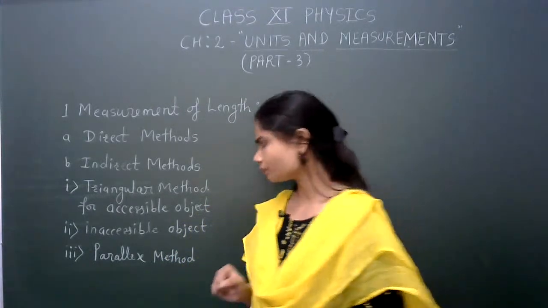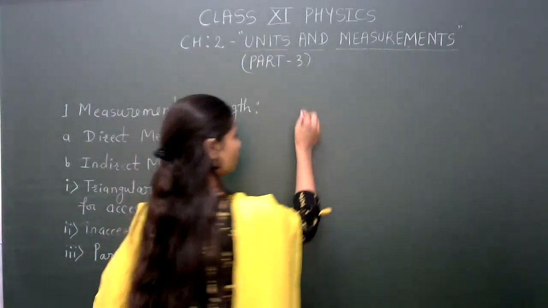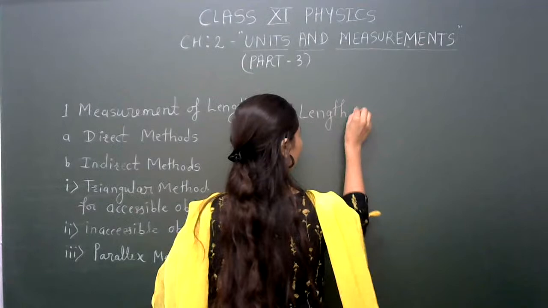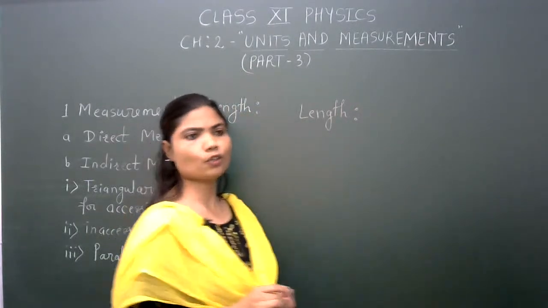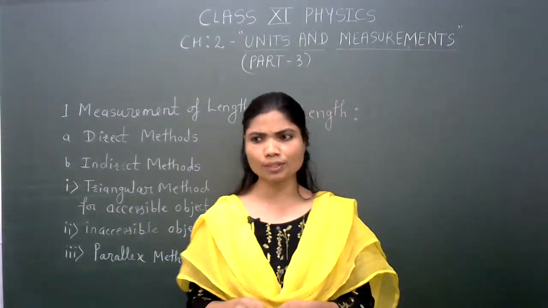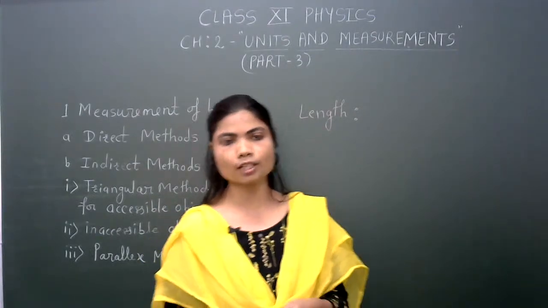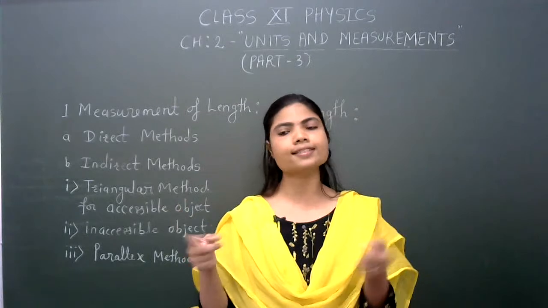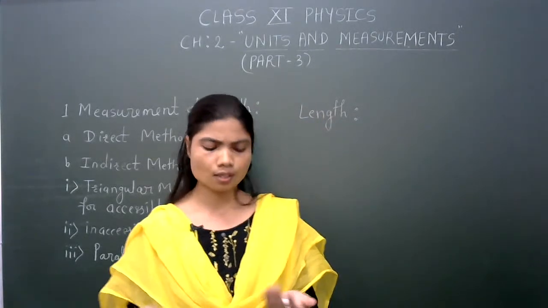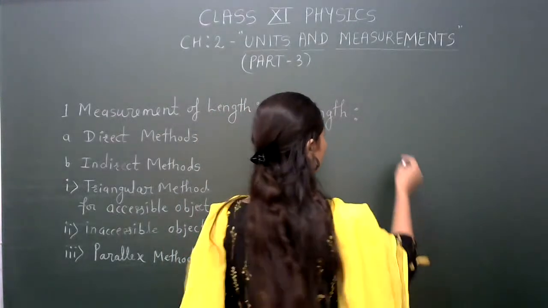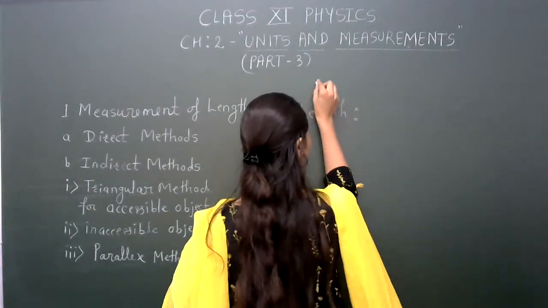So for length, I would like to first introduce the definition, which is very simple. We know that length is the distance of separation between two points in space, right? We are aware of that, but here the length we generally use is the meter.